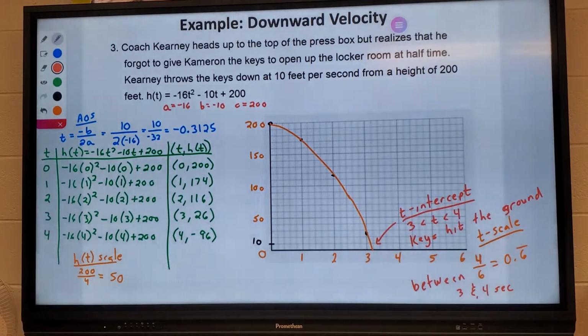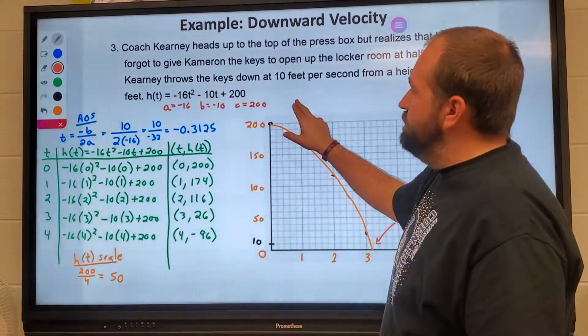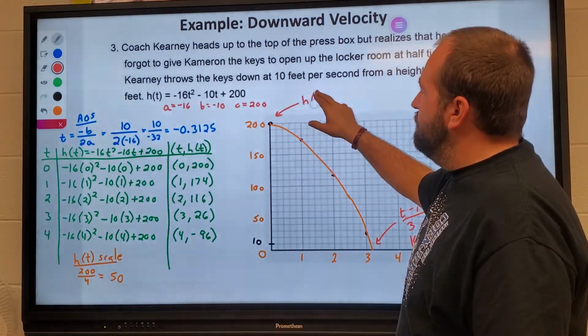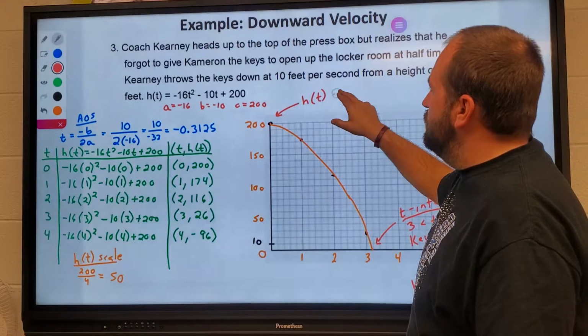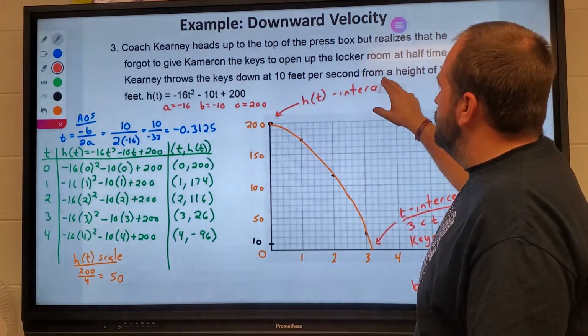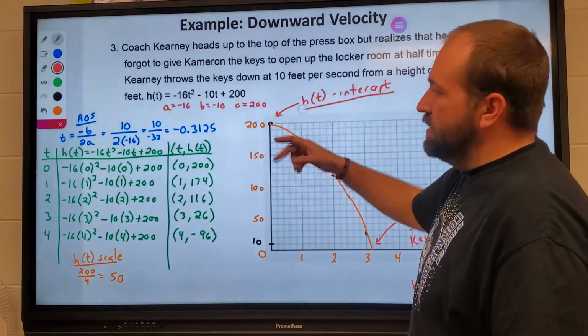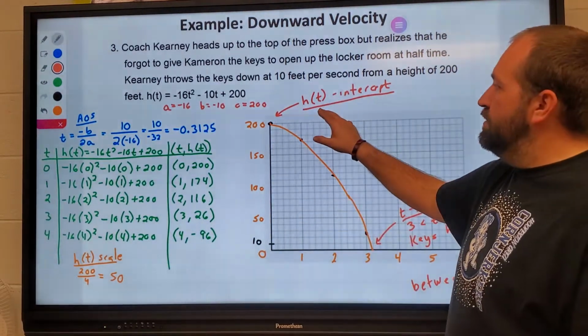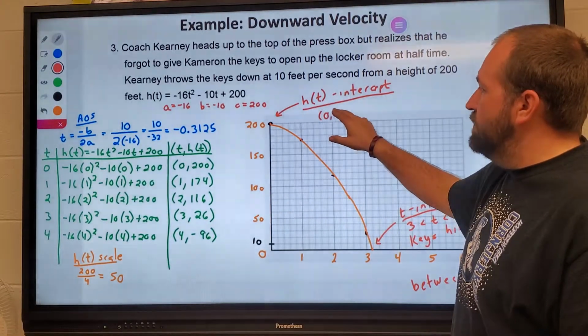Okay. The h of t intercept here again comes from the top of the table. We have 0, 200. That's my ordered pair, so 0, 200.